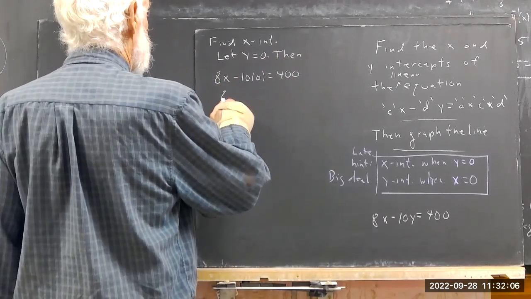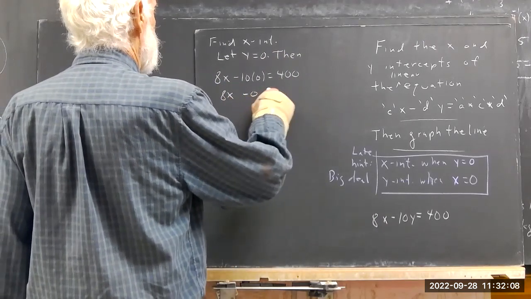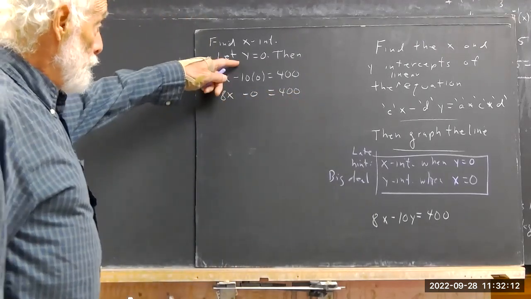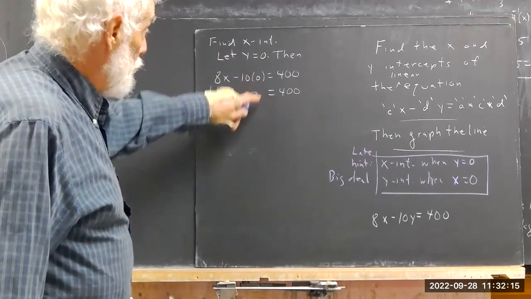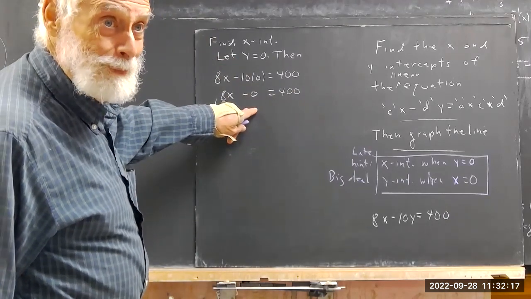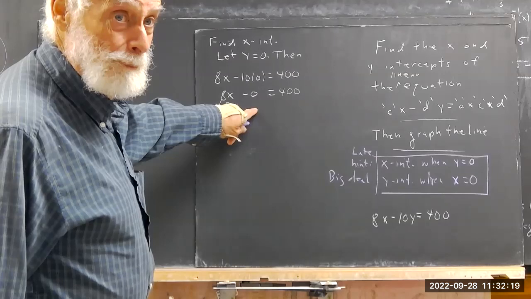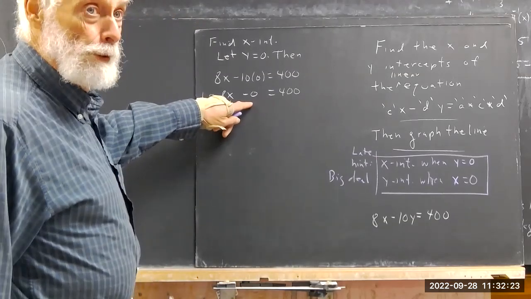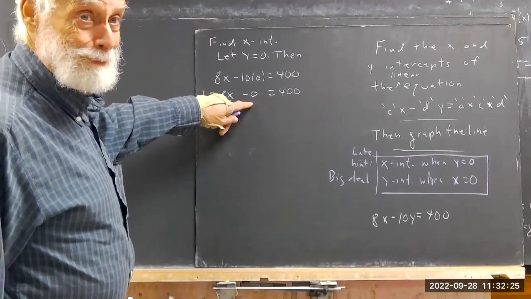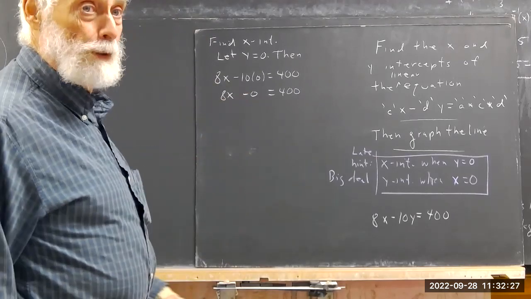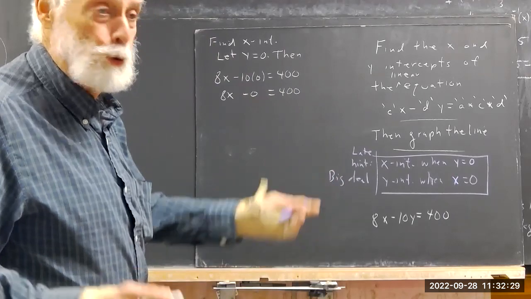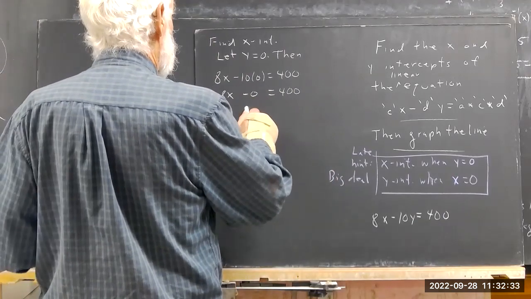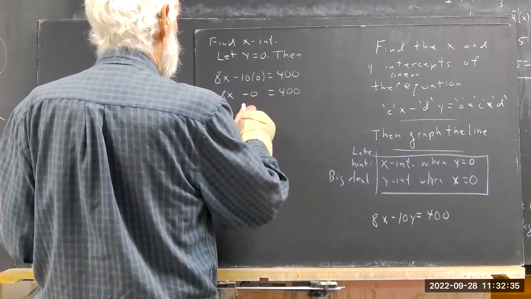Well, that's 8x minus 0 equals 400. The only thing that changes between here and here is I multiplied 10 by 0 and got 0. There's no surprise about that. Next, I notice that 8x minus 0 is just 8x, because when you add or subtract 0 from a number, it isn't going to change. So whatever number 8x is, 8x minus 0 is going to be that number.